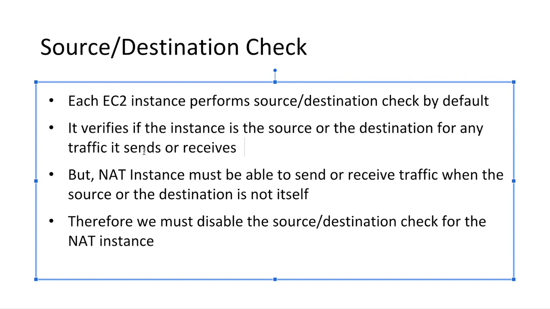So if some traffic is sent from the NAT instance, it is not originated from the NAT instance but from the backend server. And vice versa is also true. If some traffic is received by the NAT instance, it is not destined to the NAT instance but to the private instance at the backend. So in order to cater to this, you have to disable the source destination check. This is a really important thing. You must disable the source destination check.